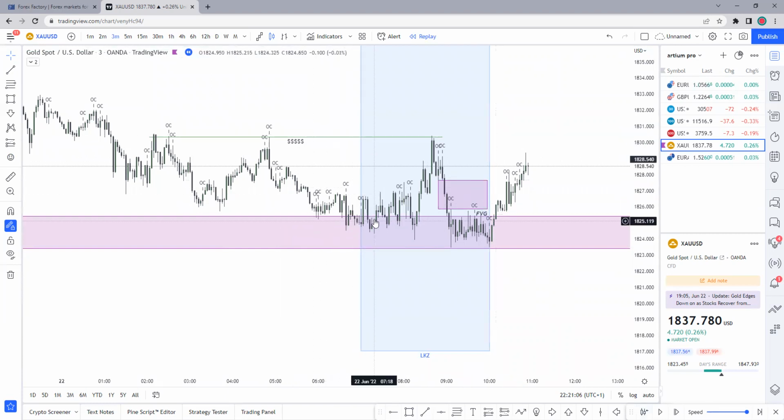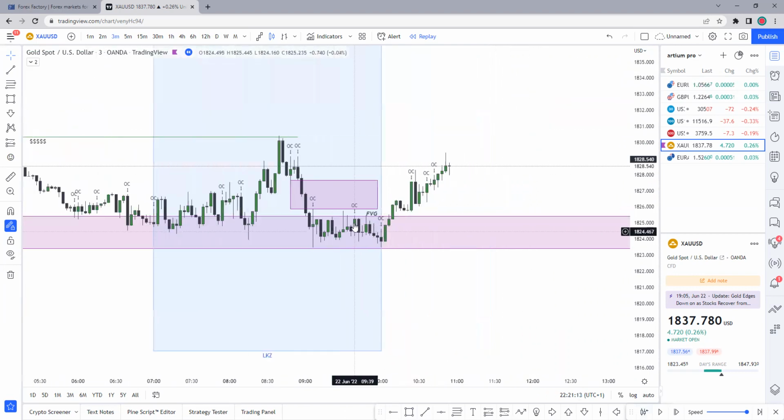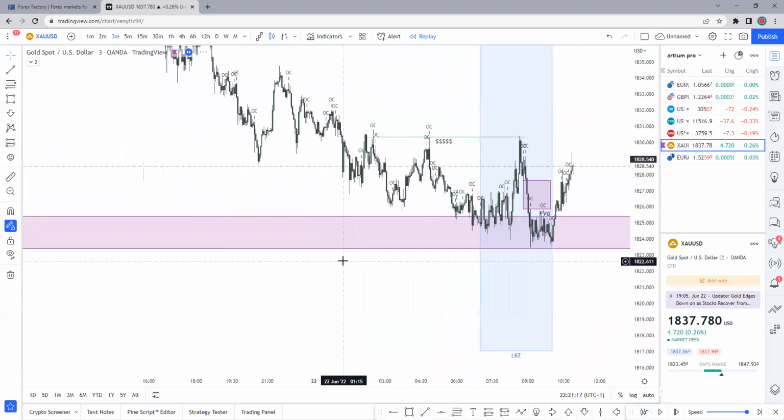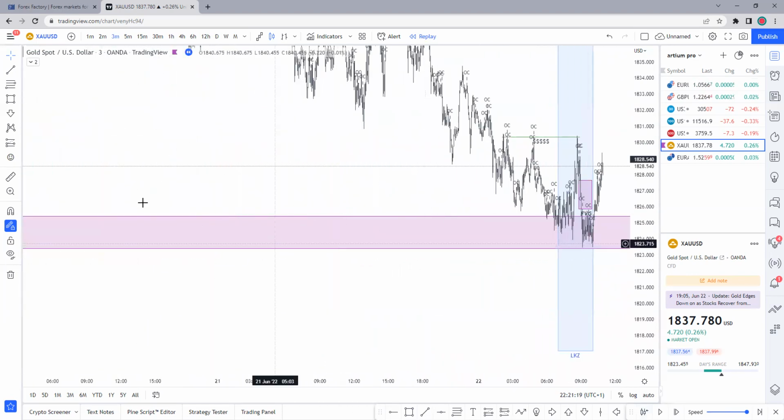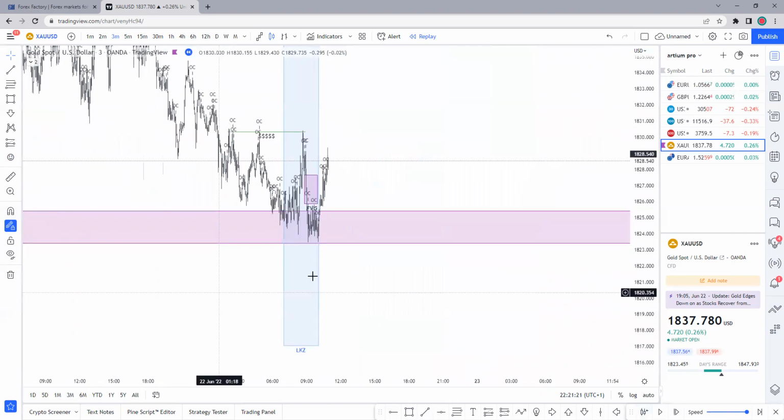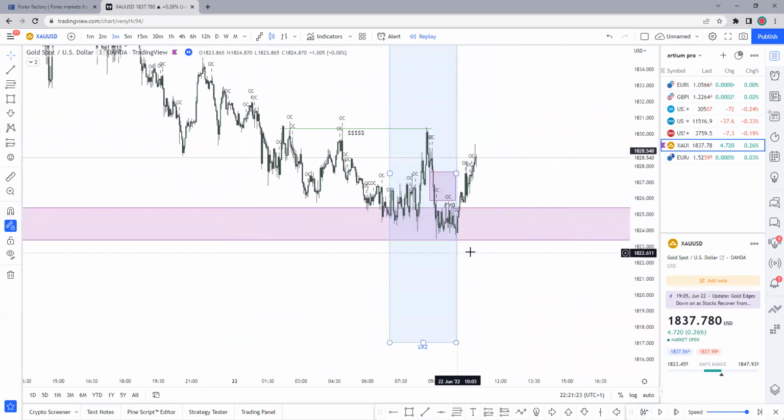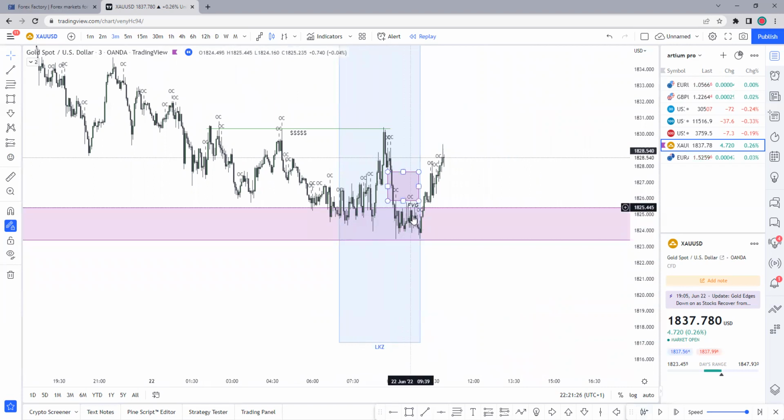So the liquidity is being generated, swept in this area, and then traded higher. The banks have swept all the liquidity out of this area, fulfilled the orders that were left in this area from the previous price action, and now we're going to trade higher. So if you were looking in around the London kill zone time to take a trade, the chances are you could have caught it there.